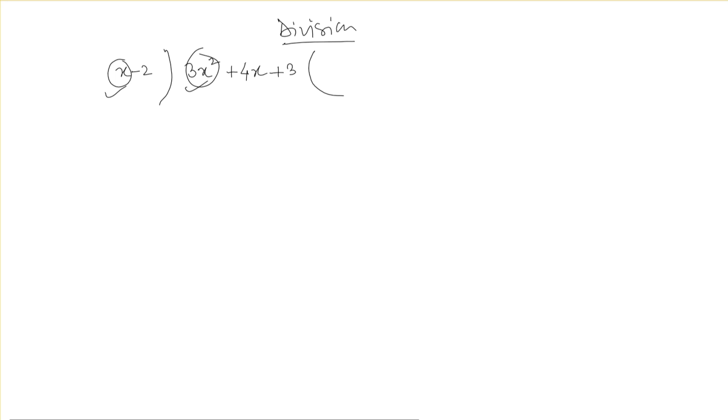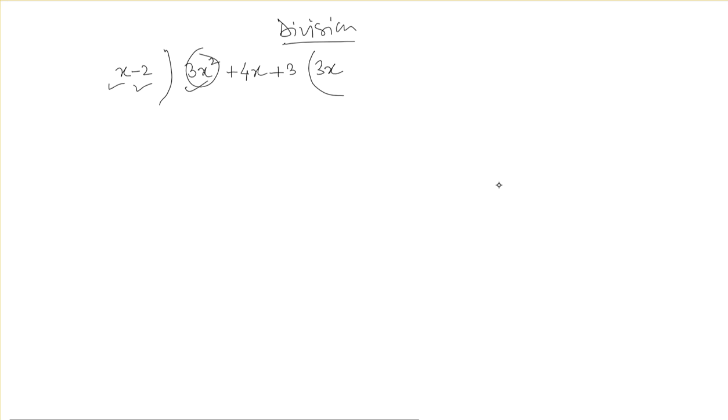Now what you have to do to make this 3x square, you have to multiply this by 3x. So you will multiply this entire thing by 3x. So the quotient here will be 3x. Now when 3x is multiplied to x, it multiplies to minus 2 also.